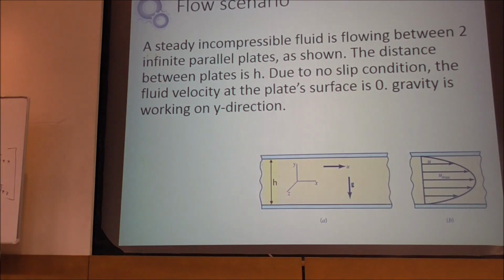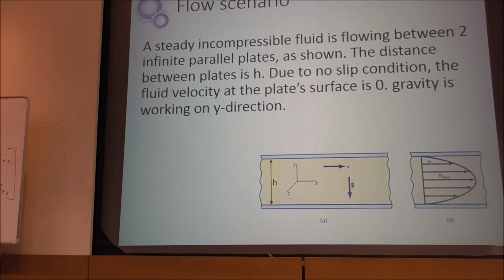We just say about this no slip condition, basically meaning that if a moving fluid makes contact with the surface, it will have the velocity of the surface. It is not necessarily 0. Why do I emphasize that? Because in flow scenario number 2, you will have the top plate or bottom plate moving.